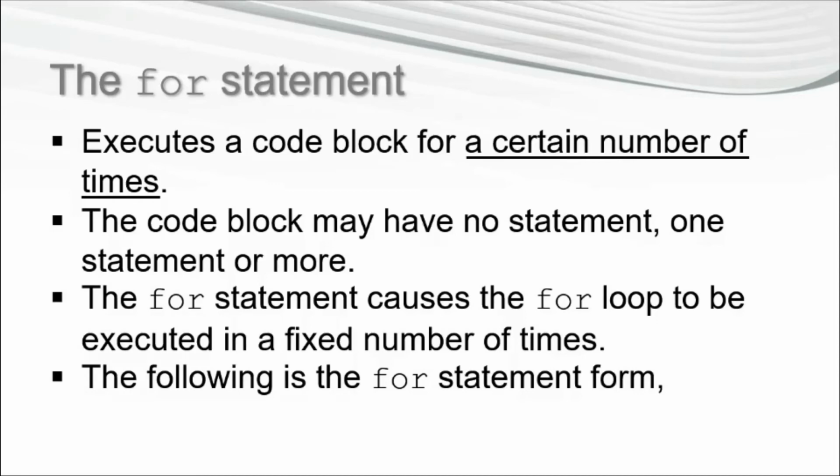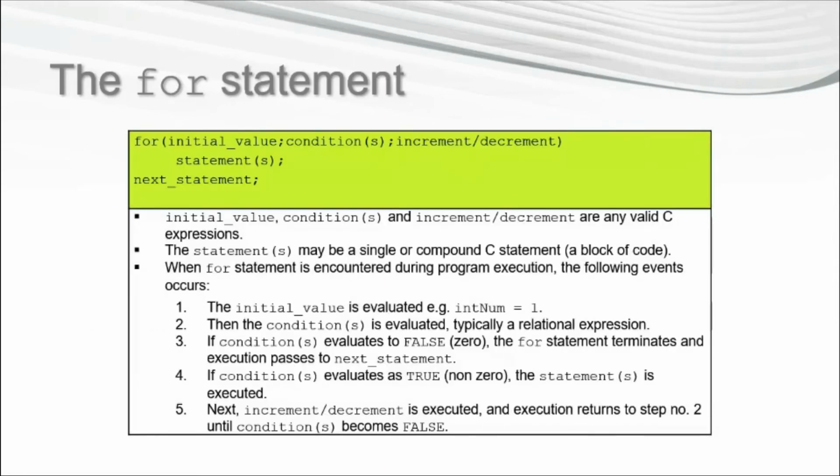So the for loop is used to execute a specific set of statements for a fixed number of times. We cannot change the number of times without changing the condition of the for statement. So the for statement form is something like this. We start with the keyword for.